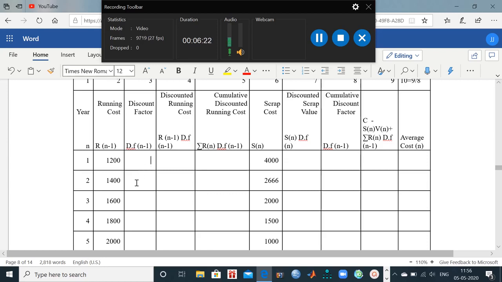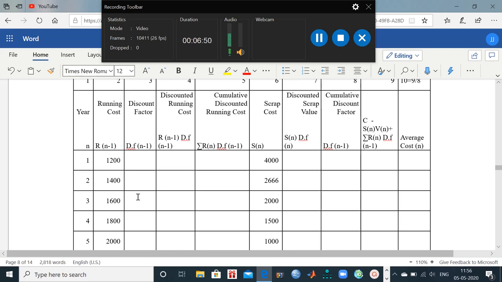And for the second year n value is 2, and what happens here is 1 divided by 1 plus r by 100 to the power of 2 minus 1, so that's 1 divided by 1.1, it should be around 0.9091. It's actually 0.9091, which is 1 divided by 1.1.